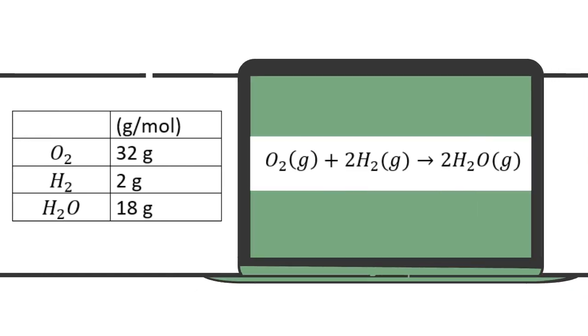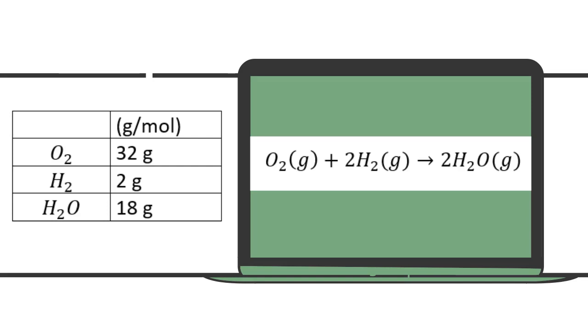In this segment of the video, we're going to inspect what happens to the grams of the oxygen molecule, hydrogen molecule, and water vapor during the hydrogen combustion reaction. Once again, the ratios will remain the same.